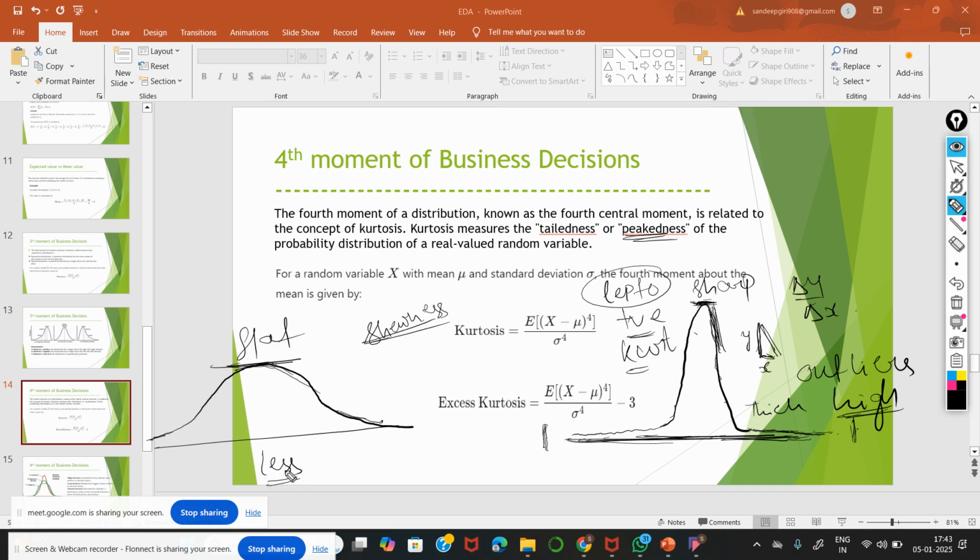It can also be no outliers, that's completely fine, such cases exist in flat. But if it is sharp, that means outliers are mandatory. If your peak is sharp and tails are thick, that means outlier chances are very high, and outliers will definitely be there. In this one, outliers may be very few. This is known as leptokurtic.